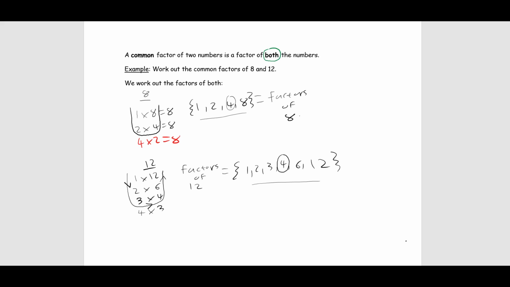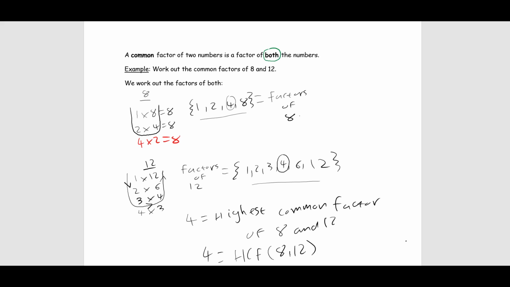So we say that 4 is the highest common factor of 8 and 12. And again, we use this so much, it's really important, particularly in things like cryptography, keeping passwords safe online, that we actually call this the HCF of 8 and 12.